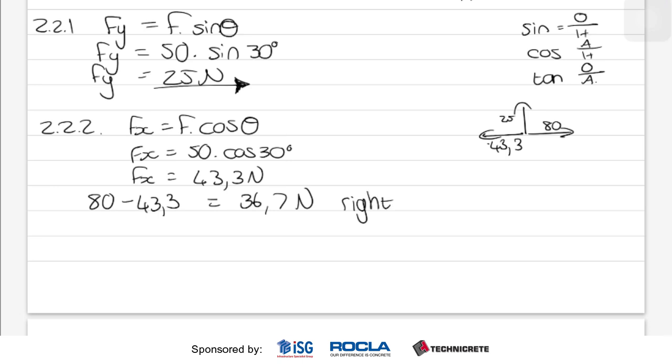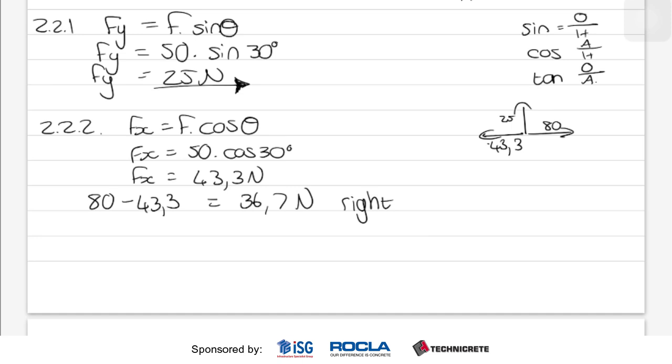And why is it to the right? Because our 80 was to the right, and that was our larger force. Now we know that we have 36,7 newtons to the right and 25 newtons upwards.